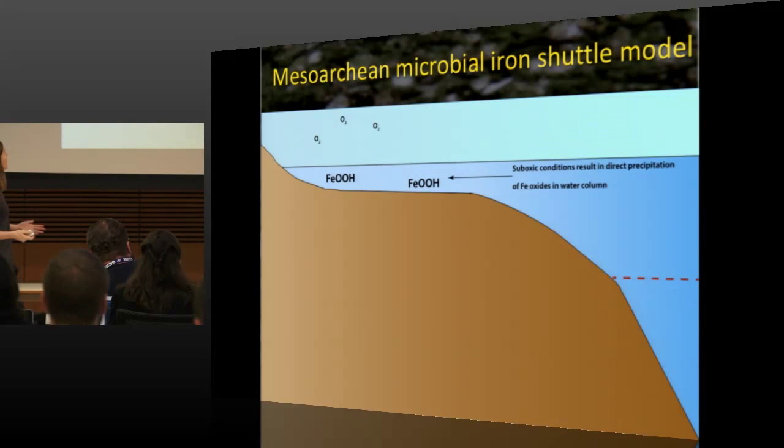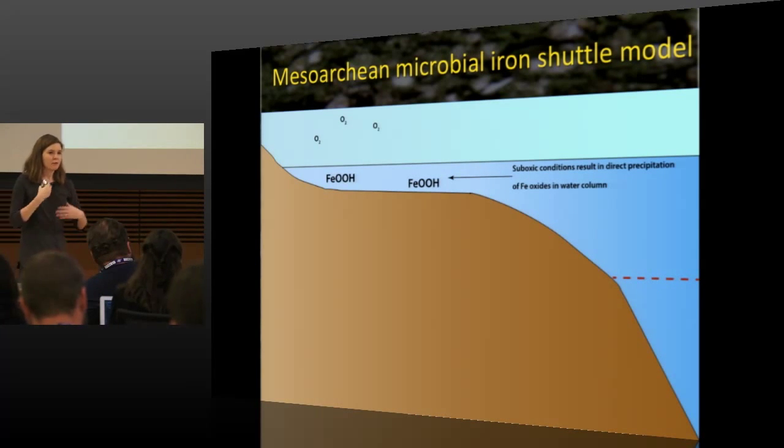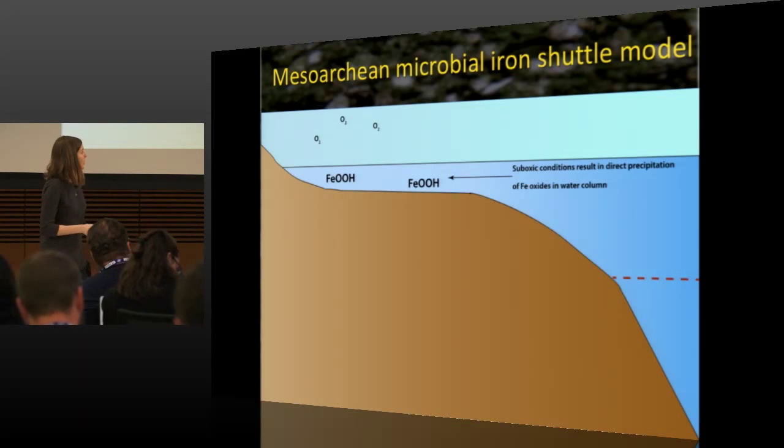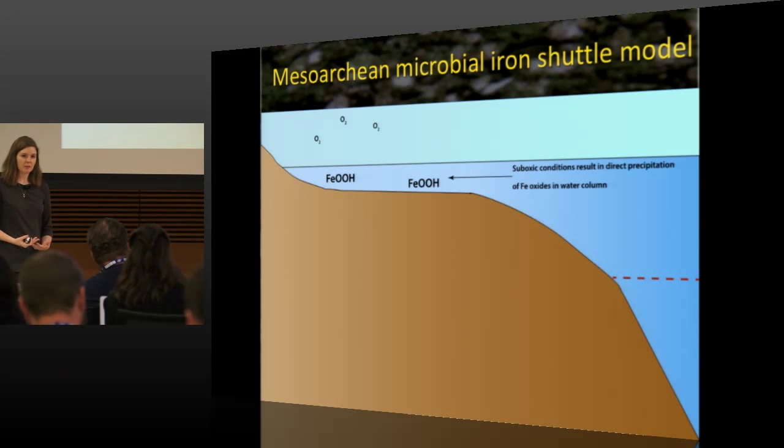So we've got a model. And the first part of the model is we need food for the dissimilatory iron-reducing bacteria. Because other papers have come out suggesting that oxygen was present in this Mesoarchean atmosphere, I'm suggesting that there is a redox stratified water column with oxic surface waters on top and anoxic ferruginous waters below.